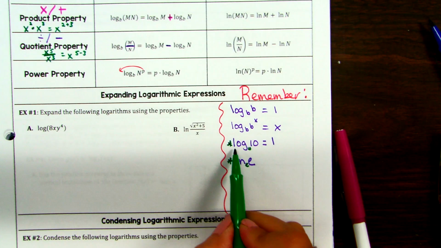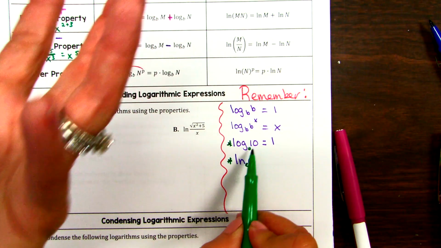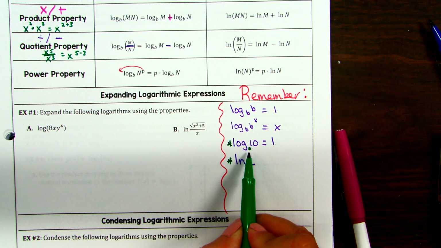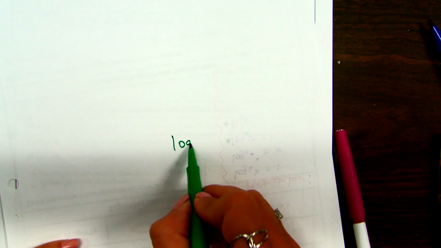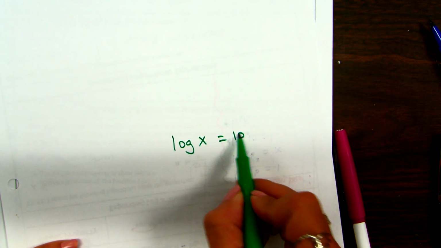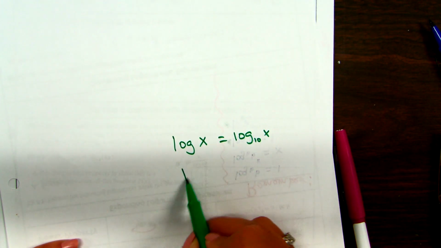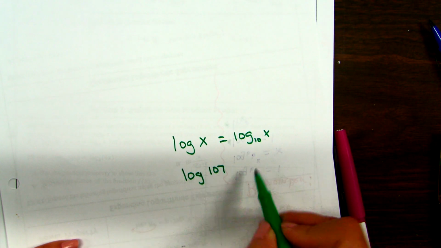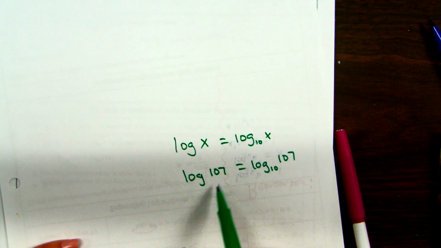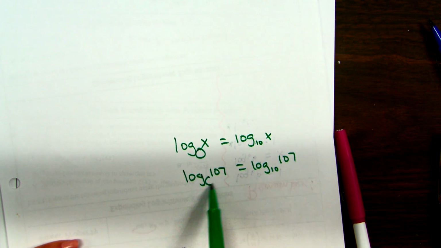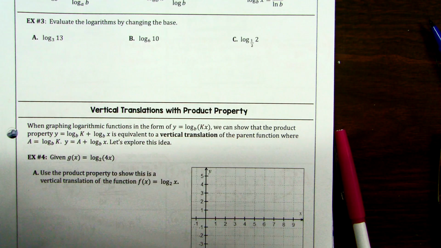Again, if we see log with any number but with no little subscript, that's a base 10, okay? So log of x is the same as log base 10 of x. Log of 107 is log base 10 of 107. Doesn't matter what's there. If you don't see a number here, we know it's 10, okay?